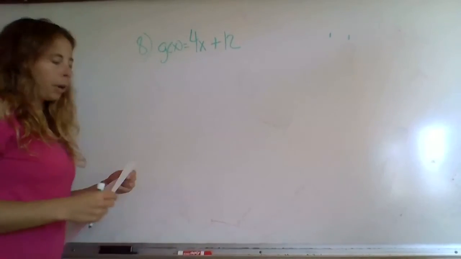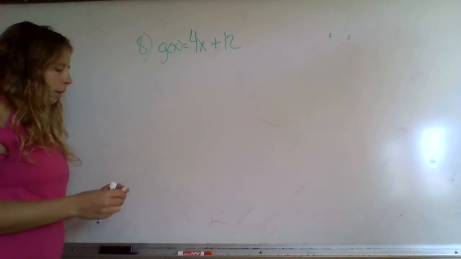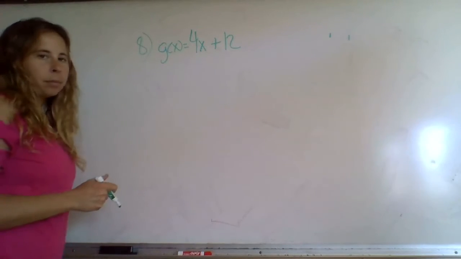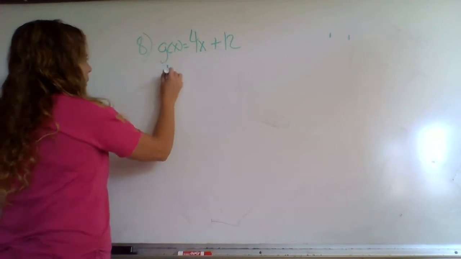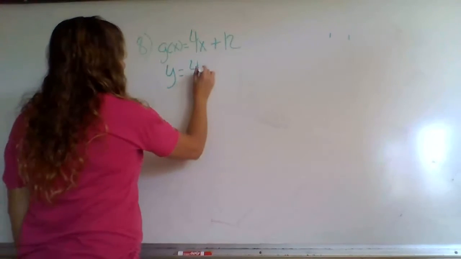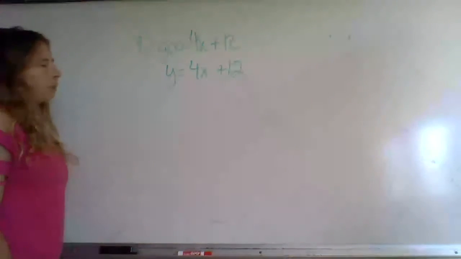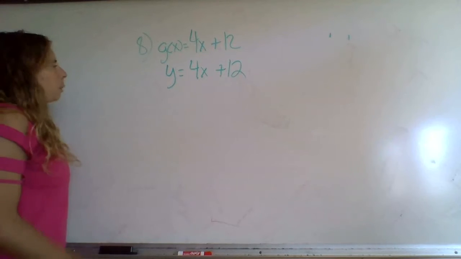So number 8. So 8 through 11, you're finding the inverses. So here we go. First step is to write it as y equals. So y equals 4x plus 12. That was step 1. Step 2, switch your variables.